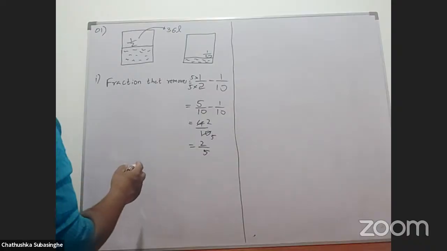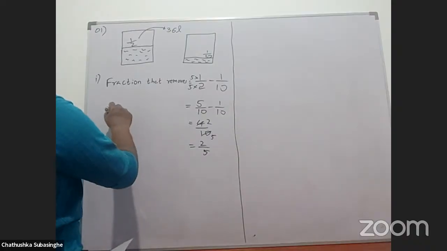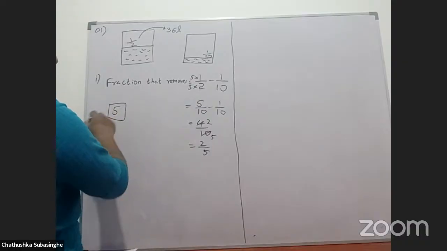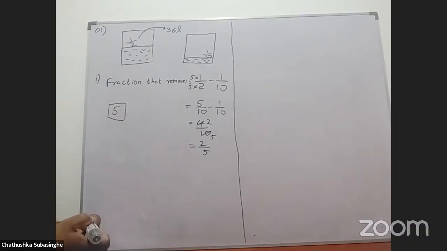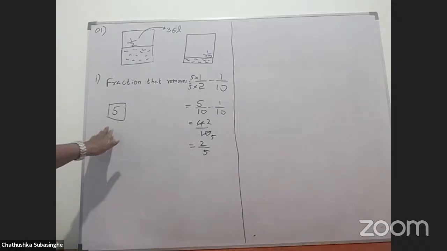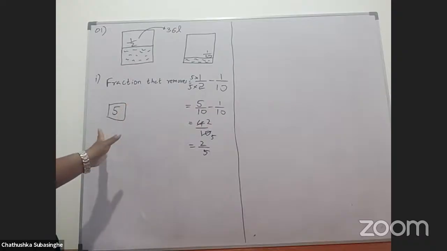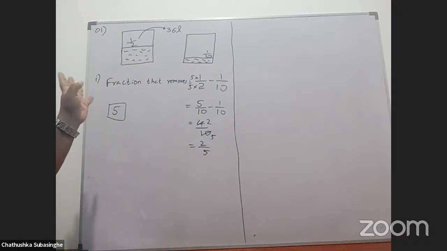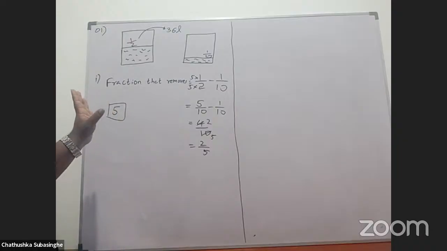So why did we do subtraction? It's because of this. Let's say I have 5 toffees, and a friend of mine comes and takes some number of toffees from these, but I don't know how many he took.